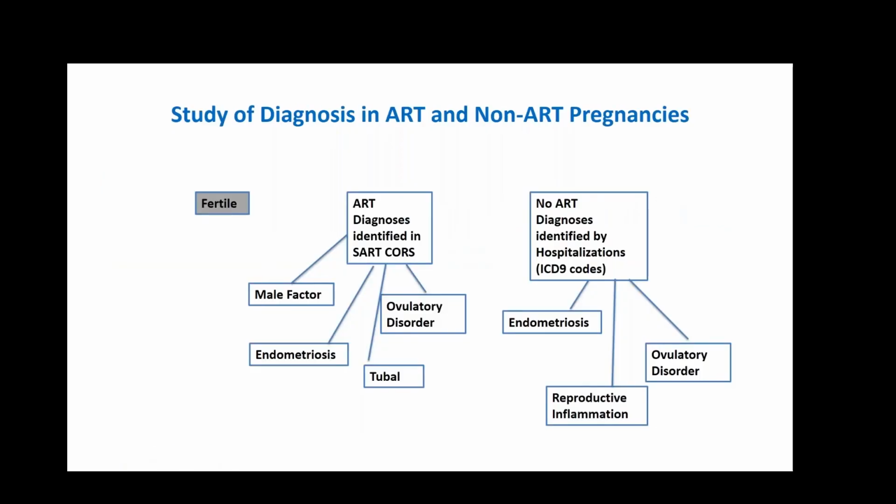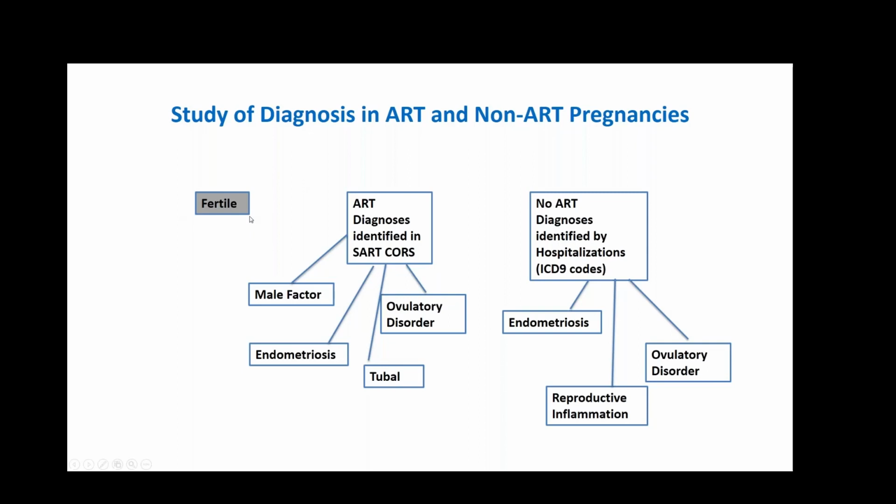To extend these studies further and compare different diagnoses to a group of fertile deliveries, we identified women in the ART group by infertility diagnosis, but also identified a group of deliveries to women who had been hospitalized for an infertility-related diagnosis, but whose delivery did not link to an ART delivery.